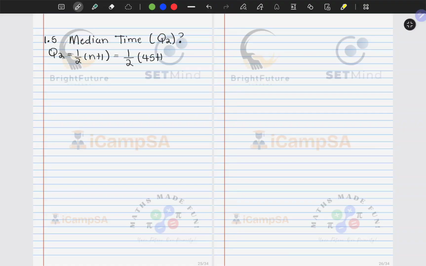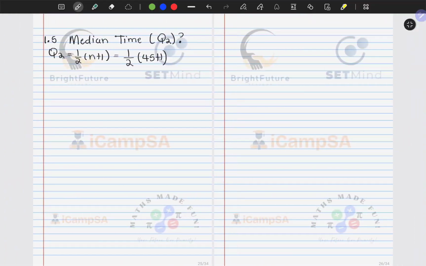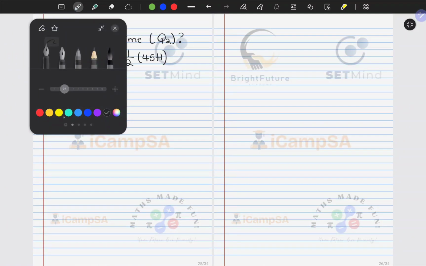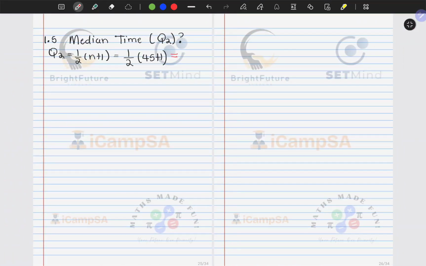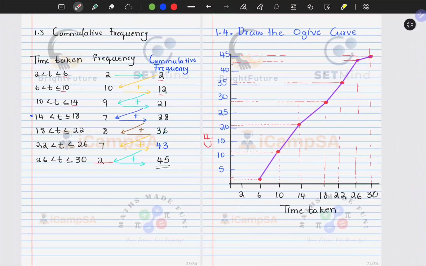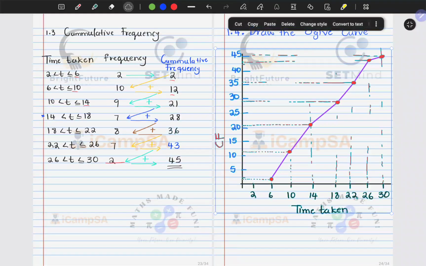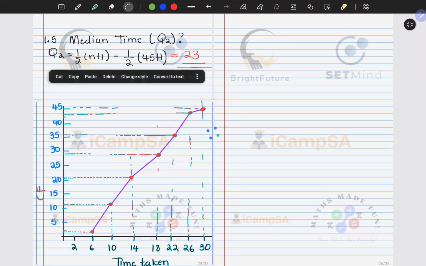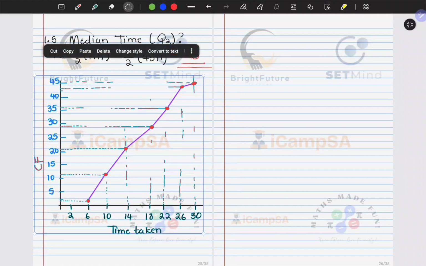Okay, close this bracket here. Let's use, did we use pink? Okay, not so much blue. So let's just use the blue here, or maybe this red. So what we end up getting is 23. So I'm going to fetch this Ogive curve, and then we figure out where is 23. And remember, because you have a graph paper, you would have drawn this according to scale.